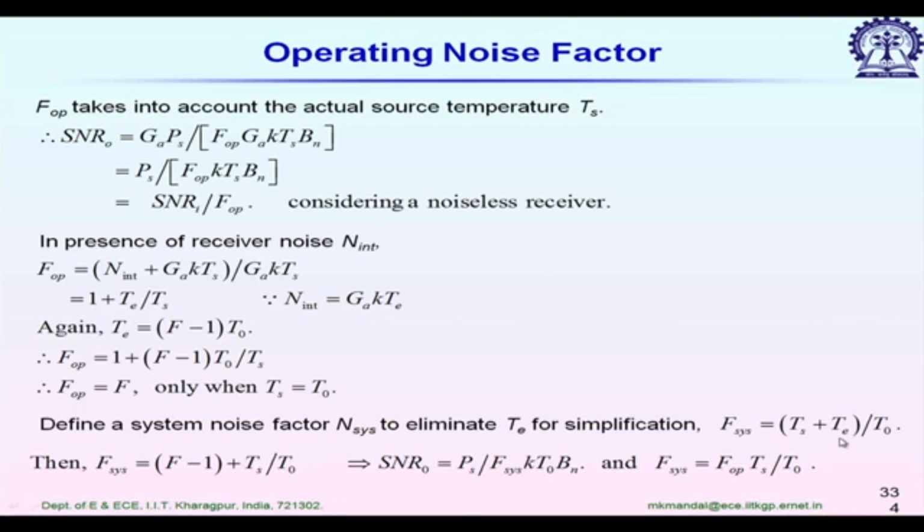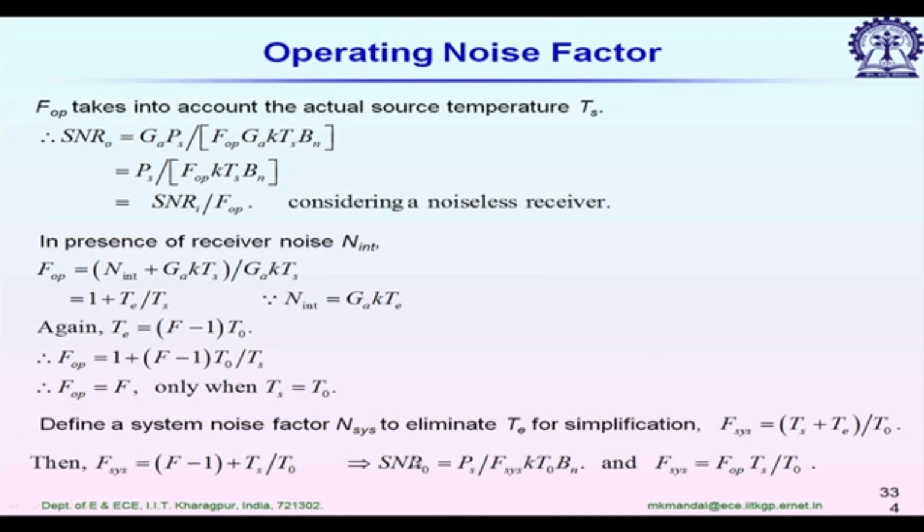How are we defining F system? F system is equal to Ts plus Te by T naught. Putting the value of Te here, F system is F minus 1 plus Ts by T naught. We can then write SNR at the output equal to Ps divided by F system K T naught Pn.